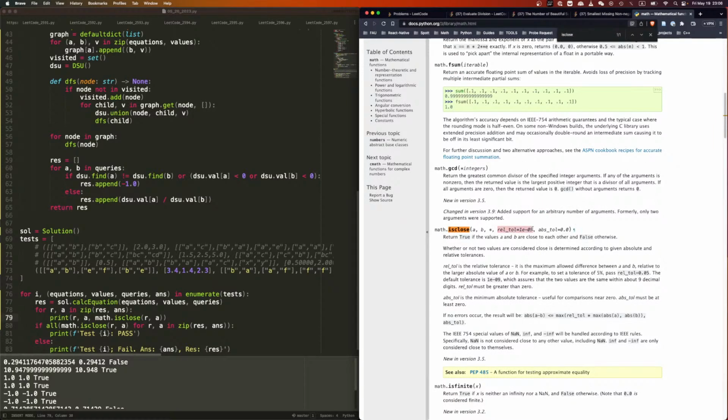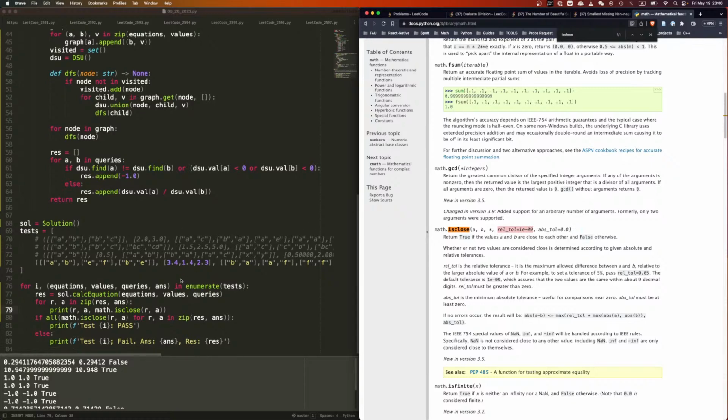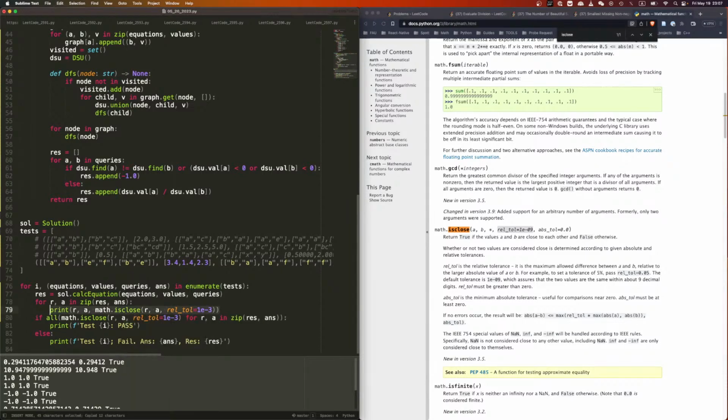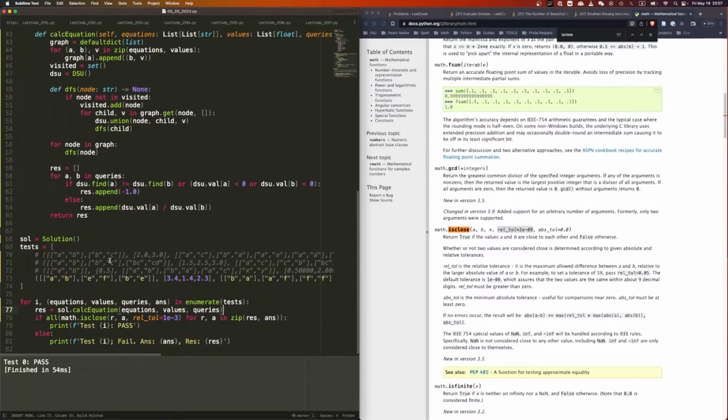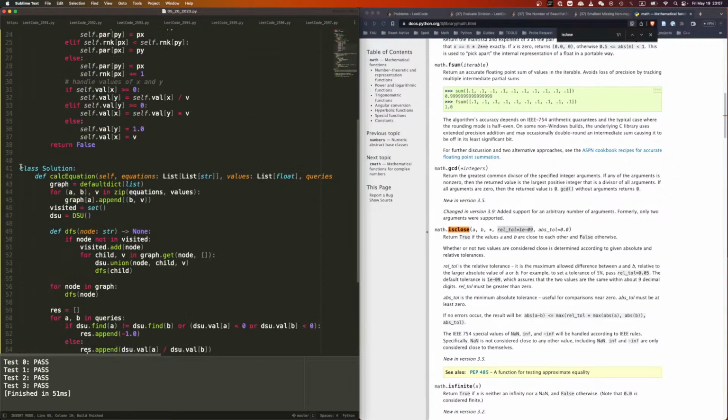That is too low. Let's get it higher. Is close. To the 3. Okay. All right, let's do this to the 3. There we go. All right. Try it again.